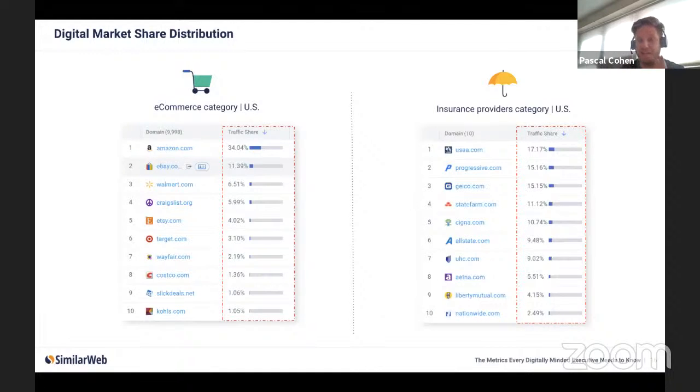So it's not just looking at ranking, it's also understanding what the market looks like, and that gives you more idea about consumer loyalty and so on. Amazon here is crushing everyone, and that means something in itself. Okay, that's one example. Next example.